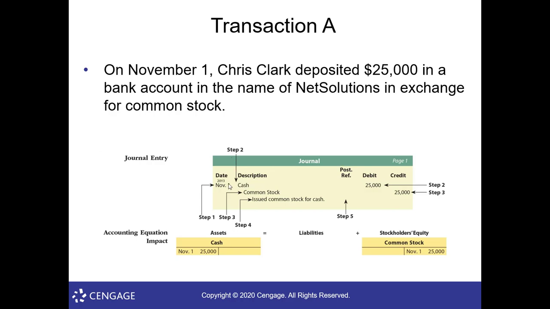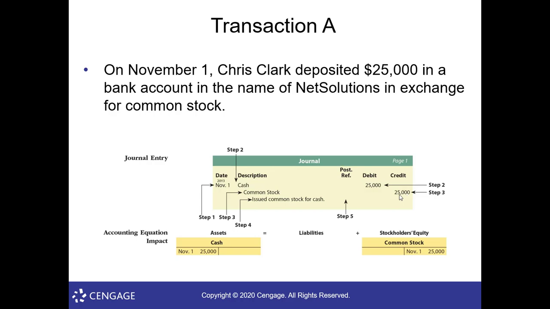Well, in a journal, it would be 2013 at the top of the page, November 1, a debit, you see it's left justified, to cash, and a small indentation for common stock. The description is issued common stock for cash, and then we put the $25,000 in the debit and credit column.